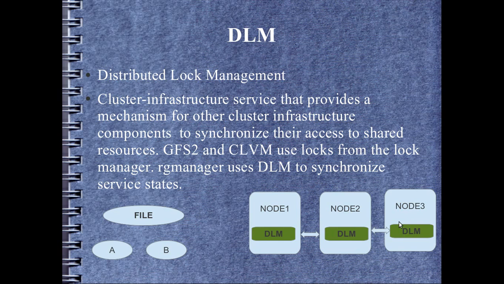Distributed lock management comes to know that index.html is being written by user XYZ on node 3, so at the same time it notifies node 2 and node 1 of the same. In case node 1 and node 2 try to open the same file, they will come to know that this file is opened by some application on node 3. So to keep it consistent, you should not write to it.